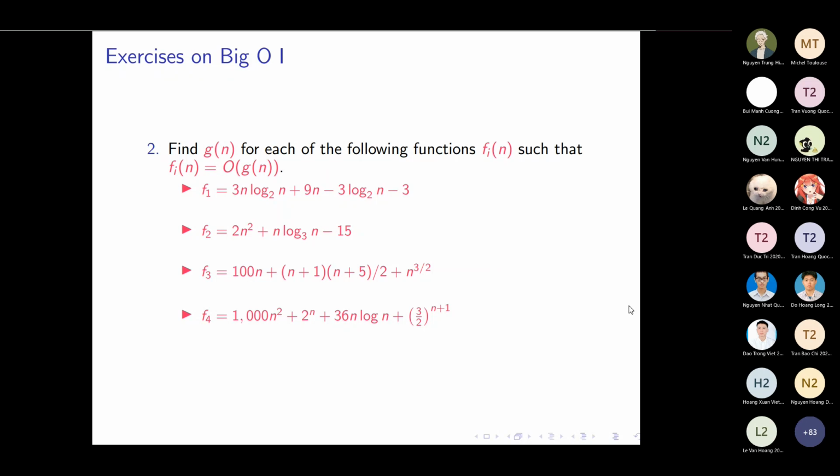Can you see my answer? Yes. Everyone sees Trần Khánh Lương's answer, right? So n0 equals 5, C equals 103. That seems correct to me.